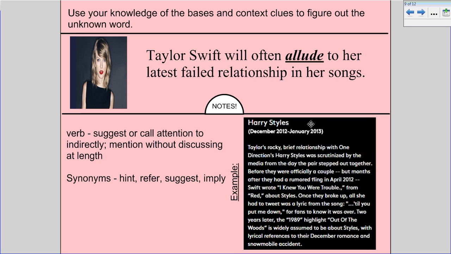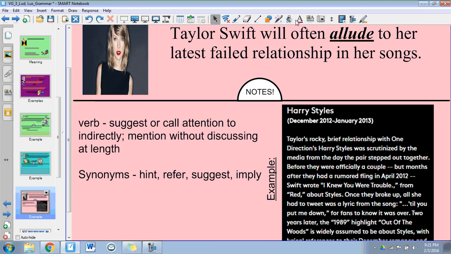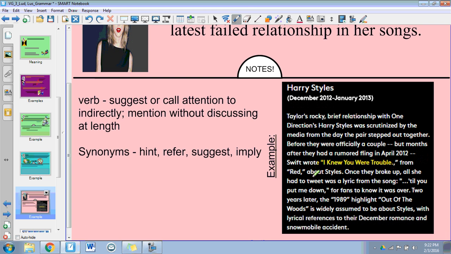Here's a perfect example. Taylor Swift dated Harry Styles for a little bit of time. And in one of her songs, after the relationship had ended, we see Taylor kind of alluding to what had happened. If we look in the song I Knew You Were Trouble, she often is referring to their relationship.